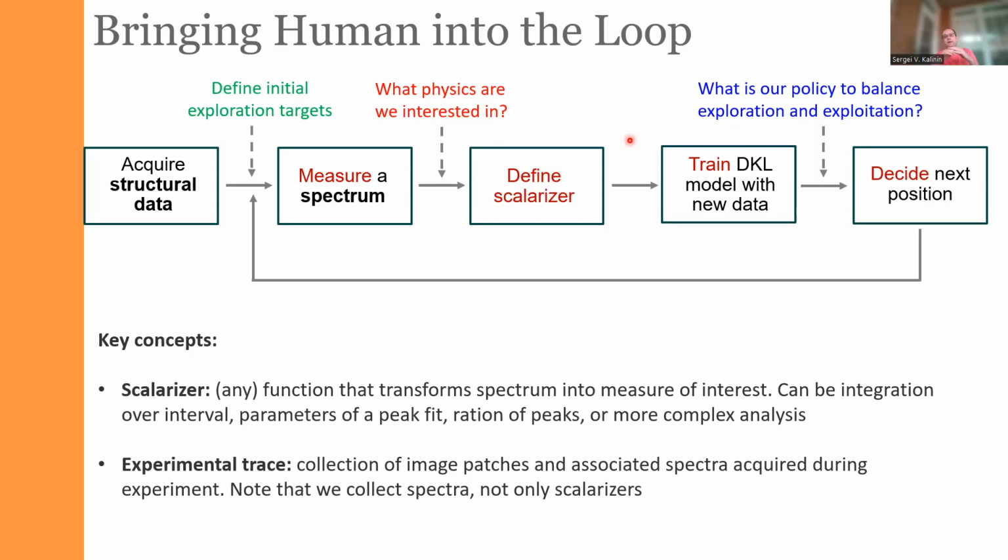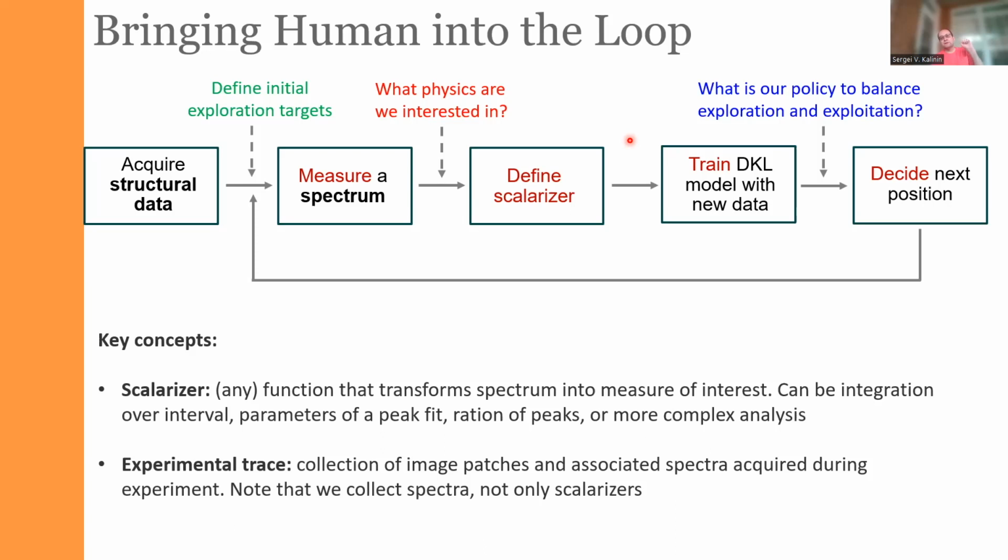For example, if we measure the intensity in a certain spectral band, we can simply make this band broader or narrower or shifted. If we take our spectrum and fit it by some function, like a three-parameter fit or a nonlinearity, we can easily change the parameter that we look at.